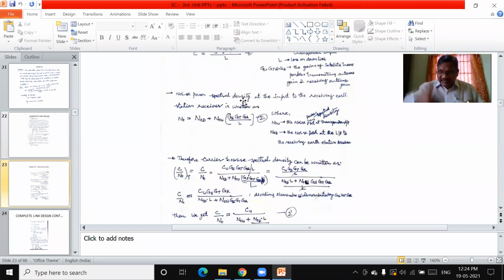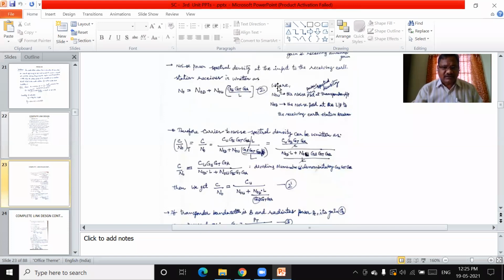At the input of the receiving antenna of the earth station, it is CU GT GR GS by L, where L is only for the losses during the downlink. Now the second one. So you know the carrier power; obviously you need to know the noise power.